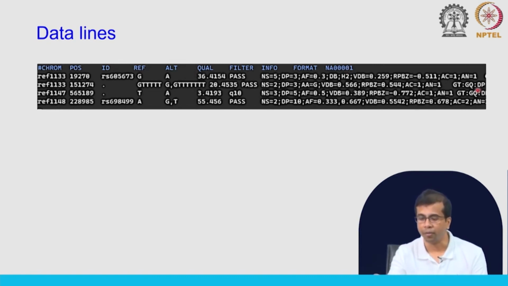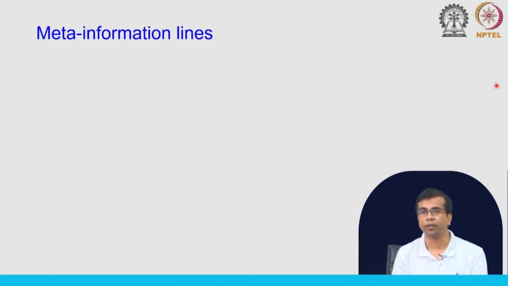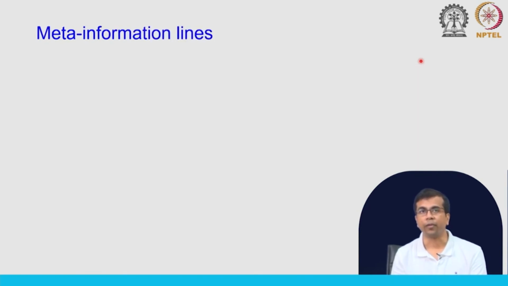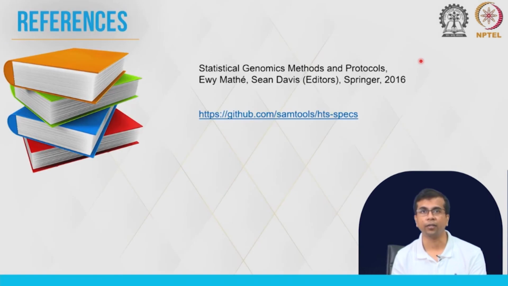This format GT, GQ, etc., that you can see partly, will be repeated for each sample that you have. So, if you have multiple samples, this information will be given for multiple samples. Then we will talk about the meta information lines in the next class, and then you will understand what the data lines actually contain.